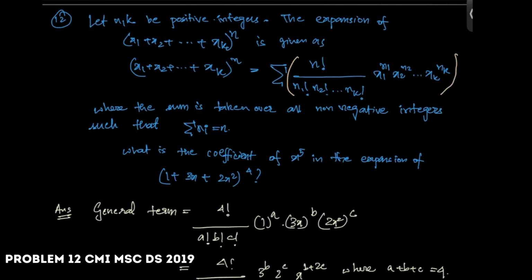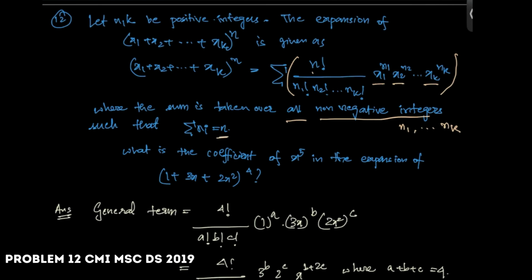It is what we call a multinomial: n factorial divided by n1 factorial times n2 factorial and so on up to nk factorial, multiplied by x1 to the power n1, x2 to the power n2, and so on up to xk to the power nk. The catch is that the sum is taken over all non-negative integers n1 to nk such that the sum of these non-negative integers is n.